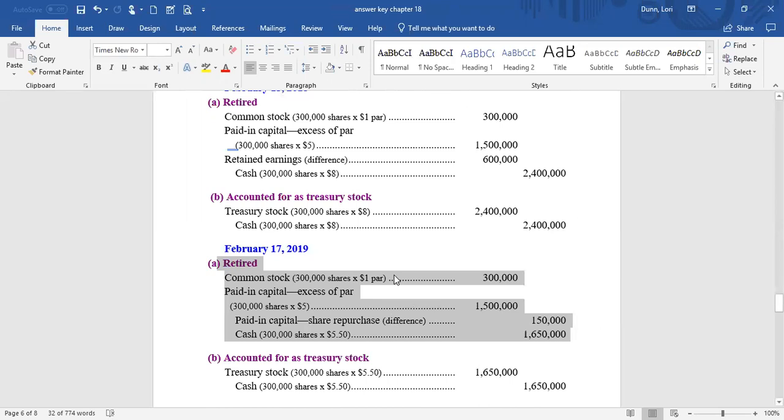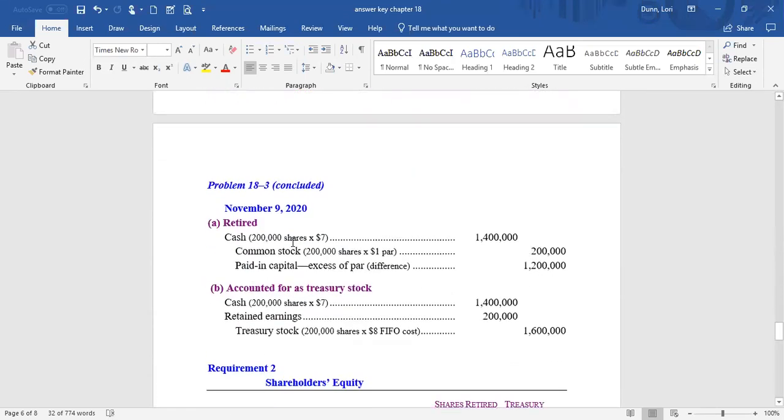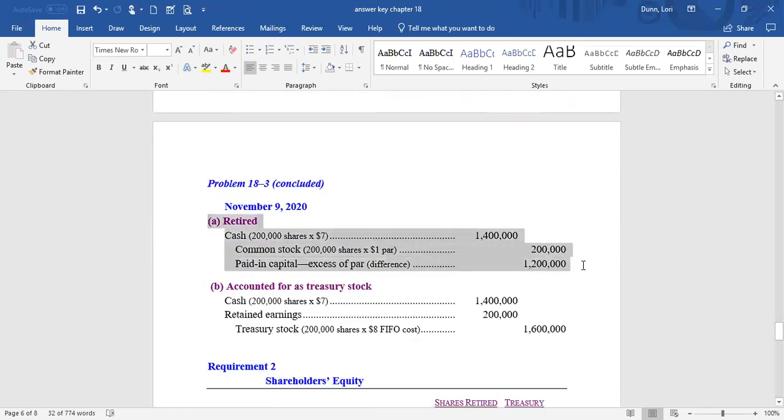The final transaction is now they sold 200,000 shares at $7 a share. Well, debit cash, 200,000 times 7. It's just like they sold it for the first time. Credit common stock for 200,000 shares times $1, and then credit paid-in capital in excess of par for 1.2 million.